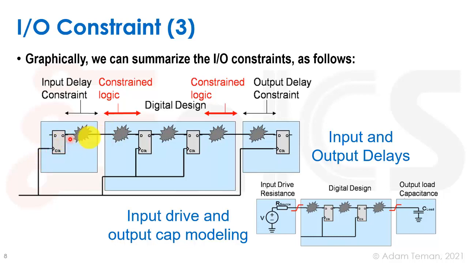Another thing is that this whole idea of an input delay, I'm not crazy about it, because the input delay says how much time it took from this point to this point, but it doesn't take into account the fact that we have skew between the clock that arrives at this virtual register over here and the clock that arrives at our design.